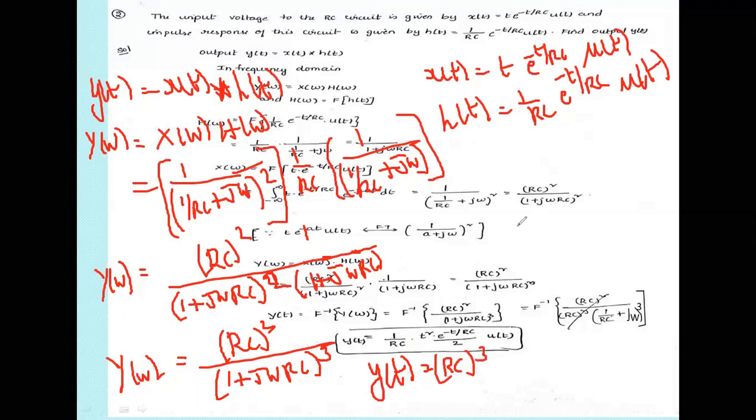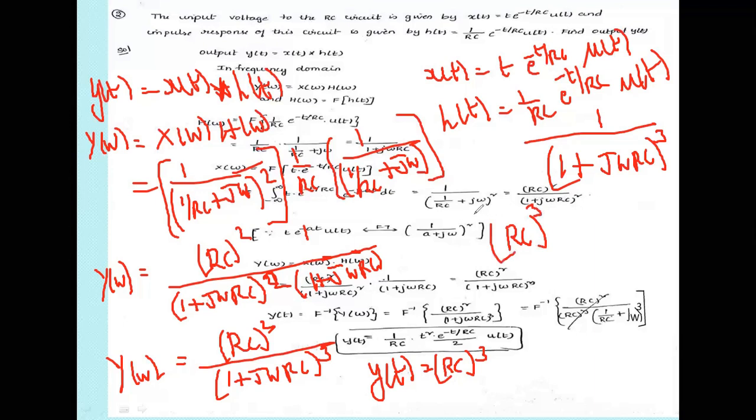And we change this function: the 1 plus j omega RC whole cube term as 1 by j omega, taking RC whole cube as common. In the denominator, 1 by RC plus j omega whole cube.